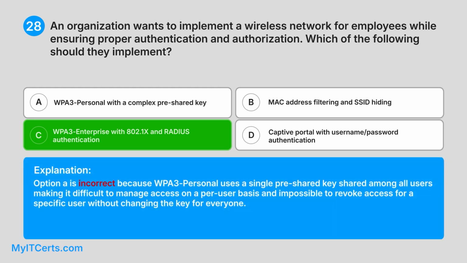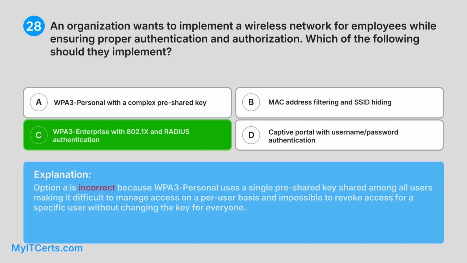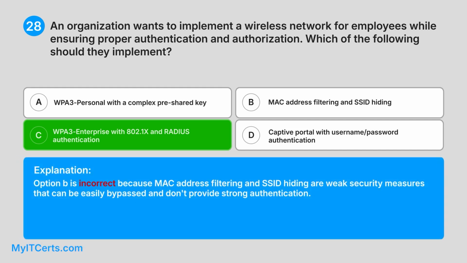Option A is incorrect because WPA3 Personal uses a single pre-shared key, shared among all users, making it difficult to manage access on a per-user basis and impossible to revoke access for a specific user without changing the key for everyone. Option B is incorrect because MAC address filtering and SSID hiding are weak security measures that can be easily bypassed and don't provide strong authentication.